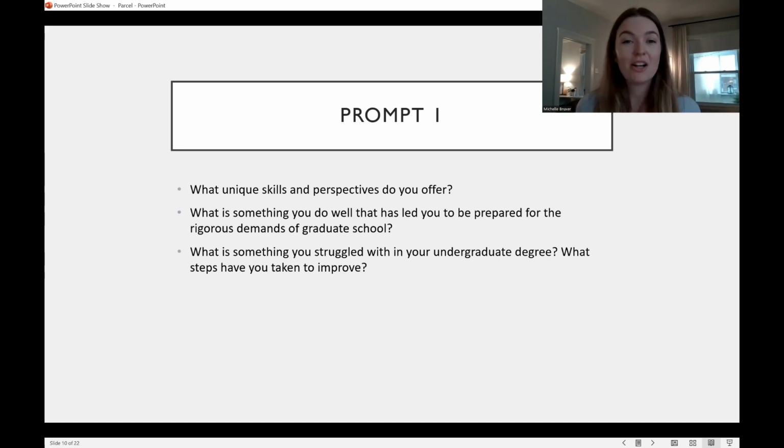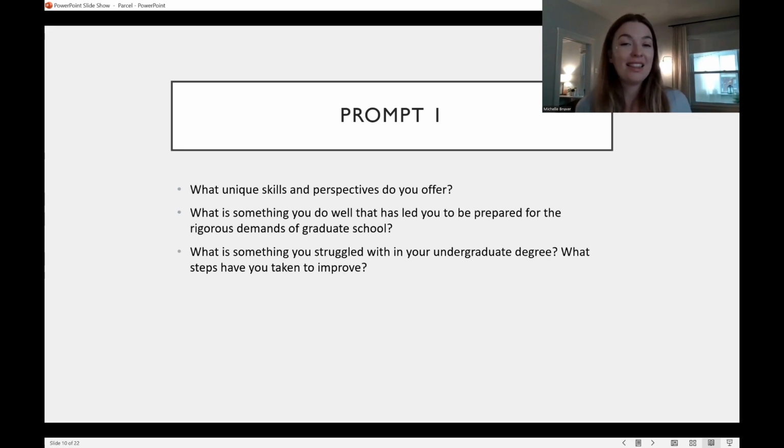Okay, so the second part of the question is asking about your strengths and your areas for growth. So in answering those questions, think about the following. What unique skills and perspectives do you offer to the program? What is something that you do well that has led you to be prepared for the rigorous demands of graduate school?